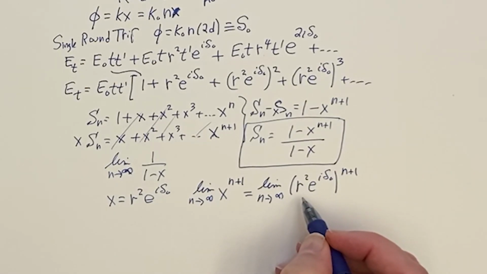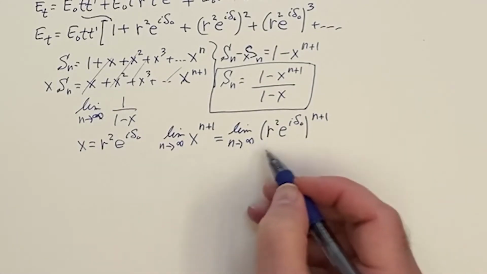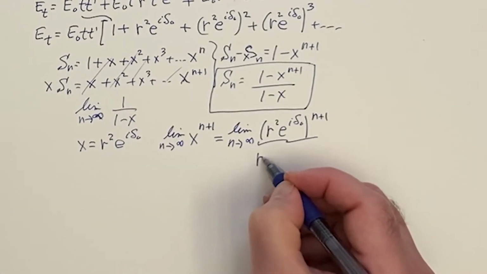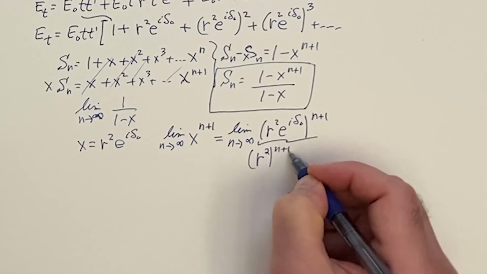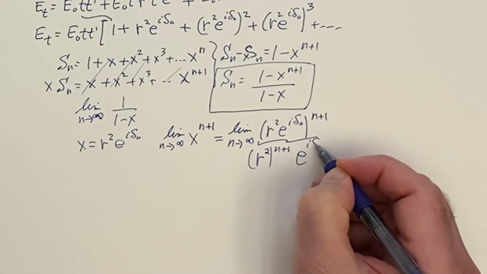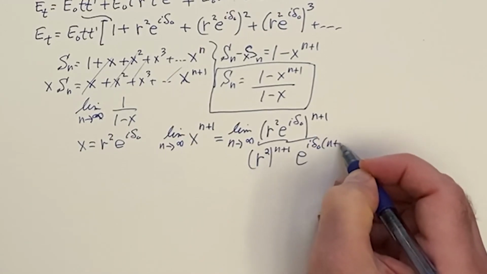So the nice thing here is we can bring that n in there. This is r squared to the n plus 1 power, and this is then e to the i delta naught to the n plus 1 power.